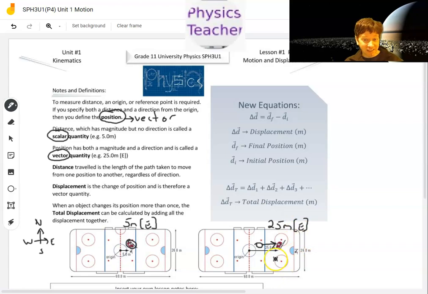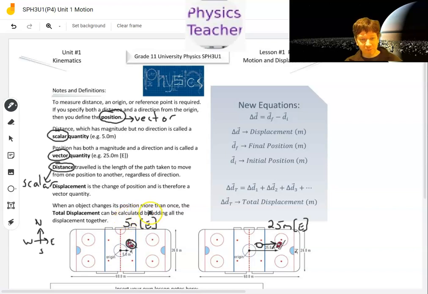We can simply say, well, how far did they travel? Well, 20 meters. And that's called distance. Distance is a scalar quantity, and it doesn't matter what direction. So this hockey player could have gone up, down, left, right, doesn't matter. Right? Well, technically not up, that would be jumping. North, south, east, west. Doesn't matter. You can quantify their distance using just a magnitude.